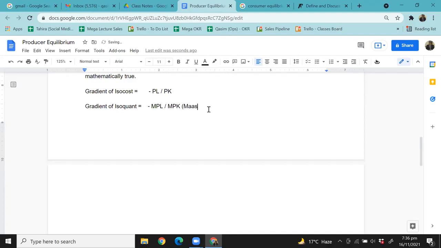So let me write this down: marginal product of labor divided by marginal product of capital. Now think about this, students. So let's talk about each one of these one by one.